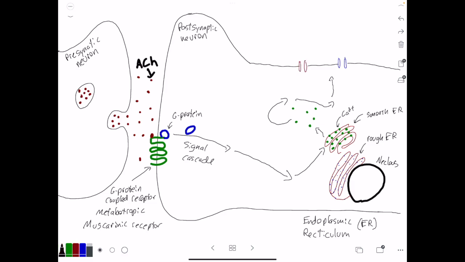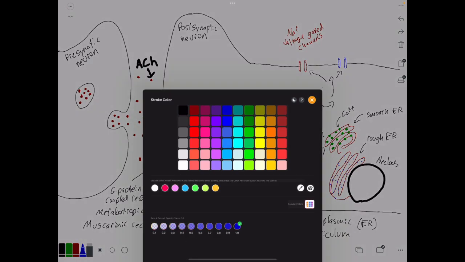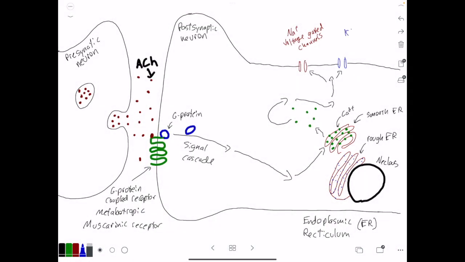What started as our acetylcholine binding resulted in the liberation of calcium from the smooth endoplasmic reticulum, and that calcium goes on to influence signaling through other proteins, eventually making its way back to these two channels here. And so we have sodium voltage-gated channels, and we also have our potassium voltage-gated channels.